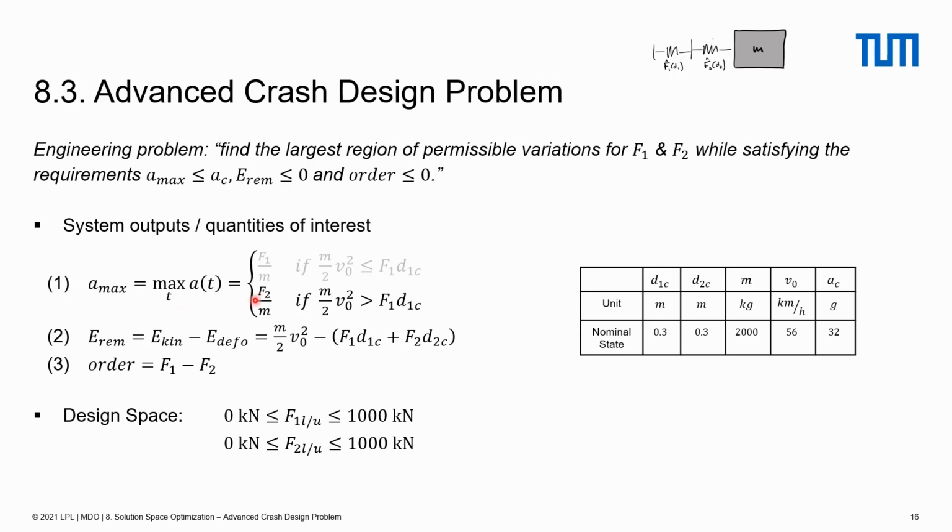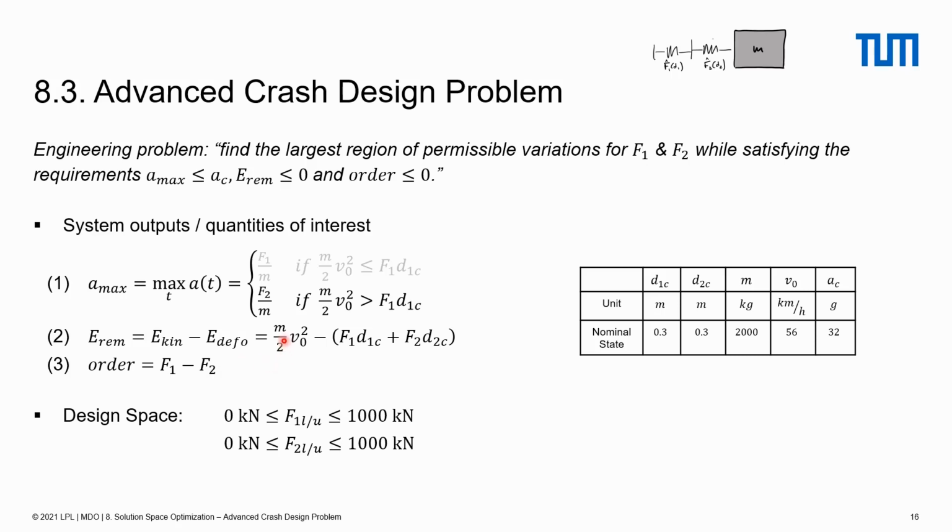and it is the force of the second section divided by the mass, and the remaining energy E rem. This is the difference between the kinetic energy and the energy absorbed by the deformation, the possible absorbed energy.